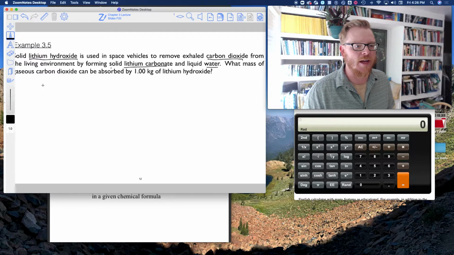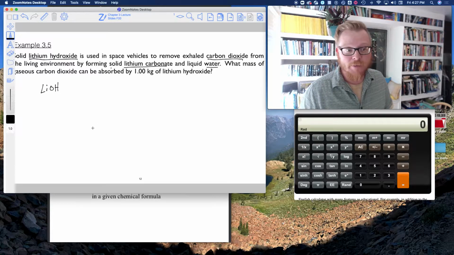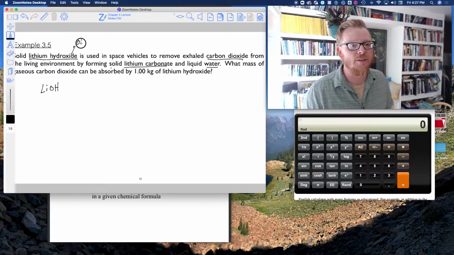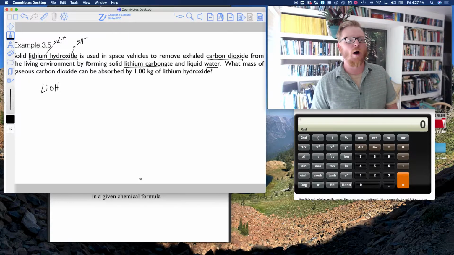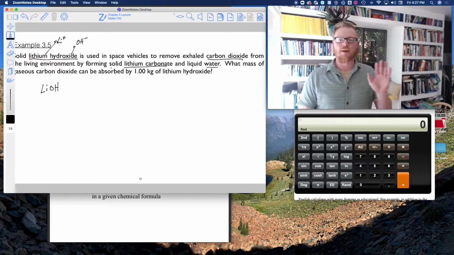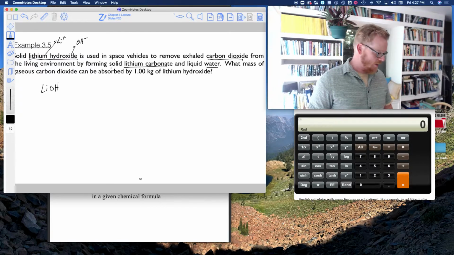Solid lithium hydroxide. So hopefully you're able to come up with LiOH. So remember, hydroxide is OH minus, so it's a polyatomic ion, right? The whole thing is OH minus, and lithium is always +1. So lithium hydroxide, cation, anion, okay?